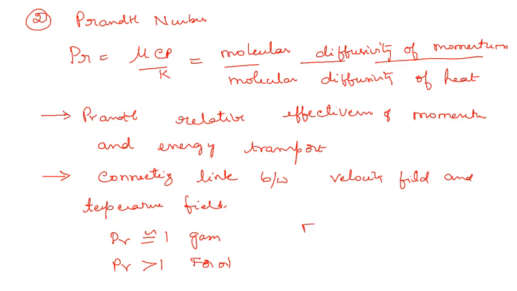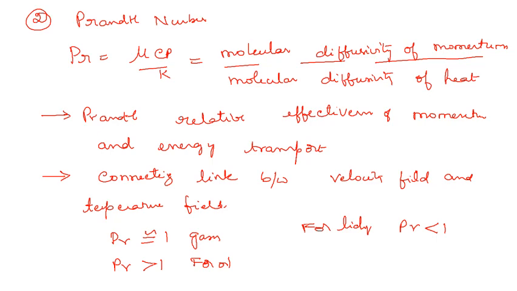For liquid metals, the Prandtl number is smaller than 1, so momentum diffusion is much lesser than energy diffusion. So by looking at the Prandtl number, one can identify whether the fluid is a liquid, oil, or gas.